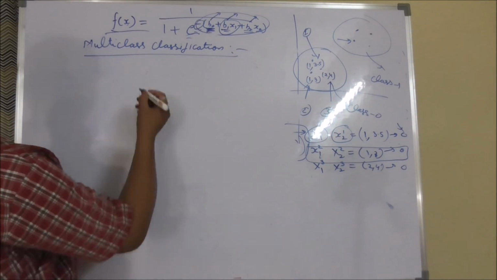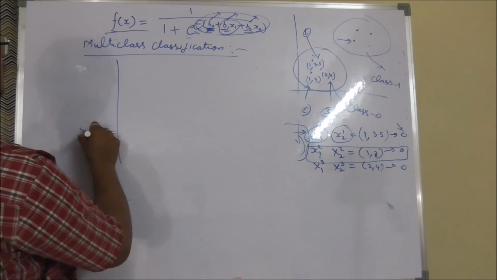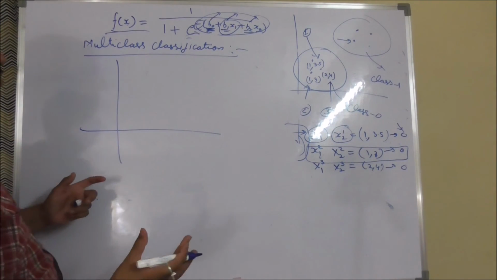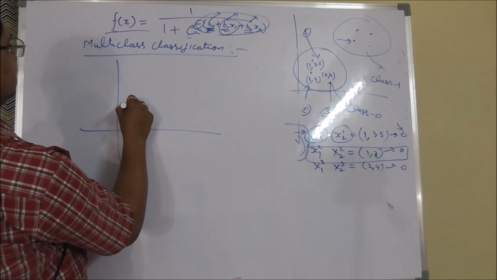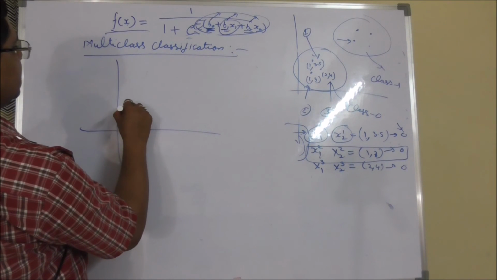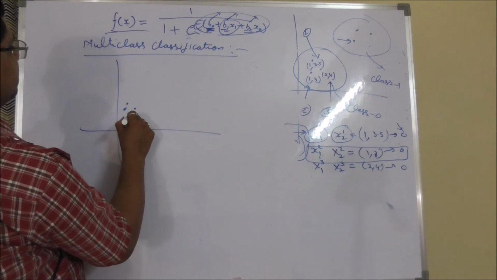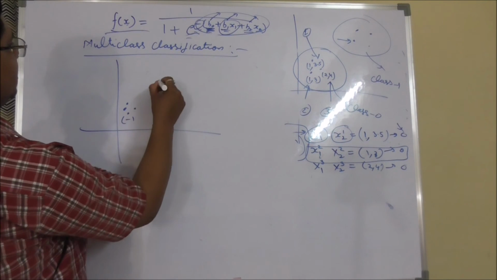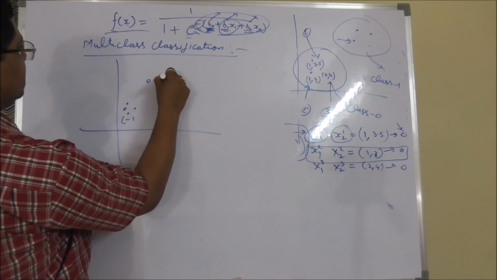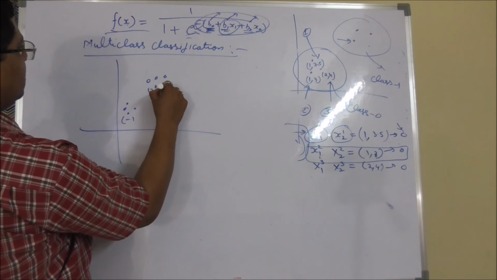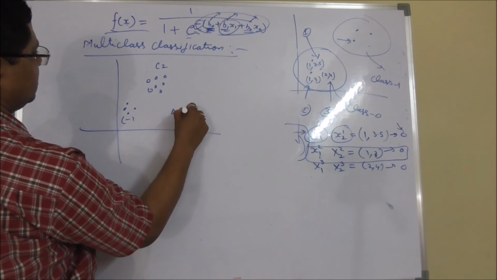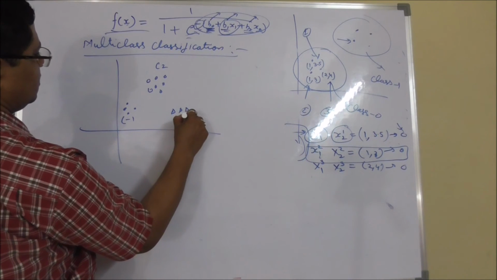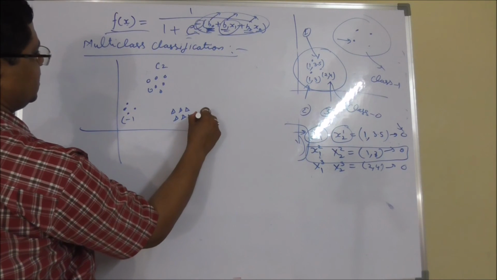Actually, in the case of multi-class classification, we again convert the entire data into binary class. For example, suppose this is a point in class 1. Suppose there are some points in class 2, and suppose there are some points in class 3.